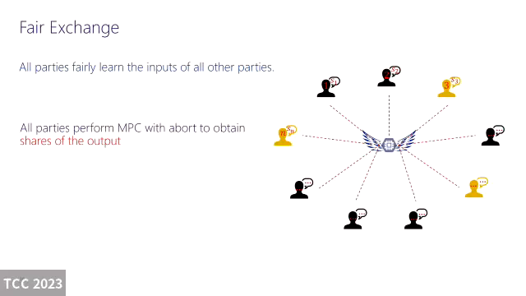The parties first perform an unfair MPC with security with abort and obtain secret shares of the output of the computation. The parties then perform a fair exchange to obtain all the shares of the output and then reconstruct it. And since this exchange is fair, the output is also obtained fairly. The downside is that this functionality of fair exchange has very high cardinality, a cardinality of n, where n is the number of parties involved.